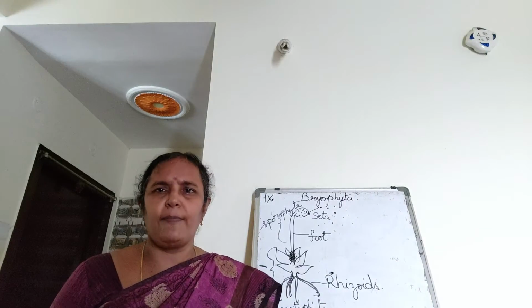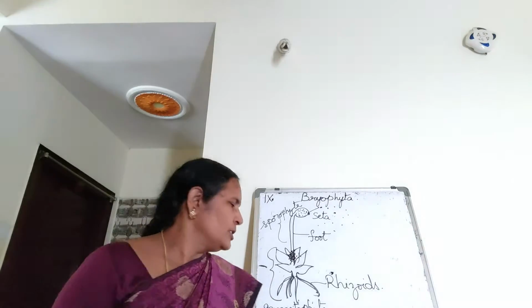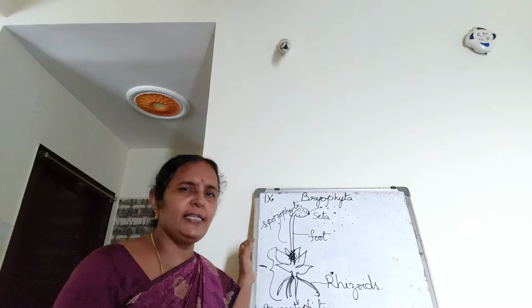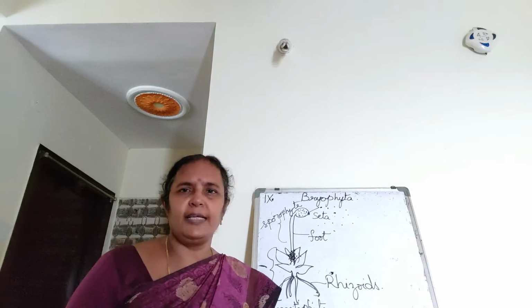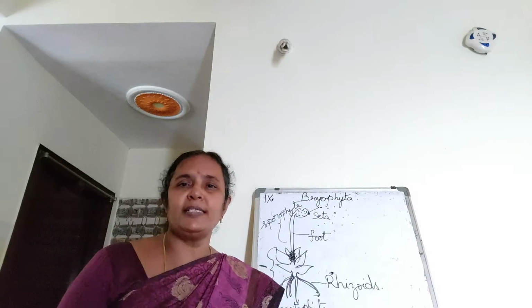One generation is gametophytic stage. The next generation is sporophytic stage. So, gametophyte is alternating with the sporophyte. That is why this is alternation of generation that is observed in bryophytes, especially in bryophytes.